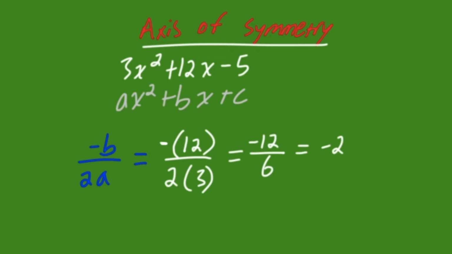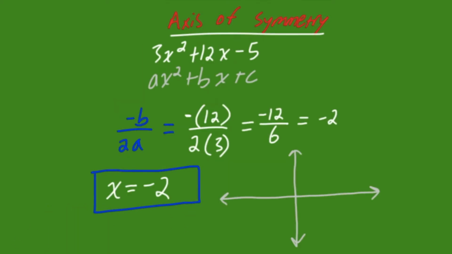But we don't write it as just negative 2. We write it as x is equal to negative 2. And the reason we write it like that is because when we do our graph here, this graph will look something like this. Our axis of symmetry is x equals minus 2, and this is the actual graph for our axis of symmetry.